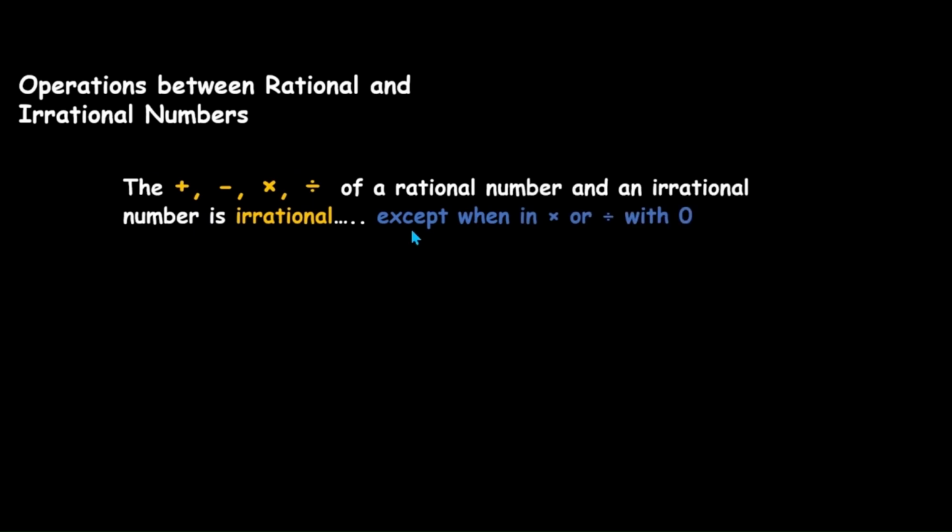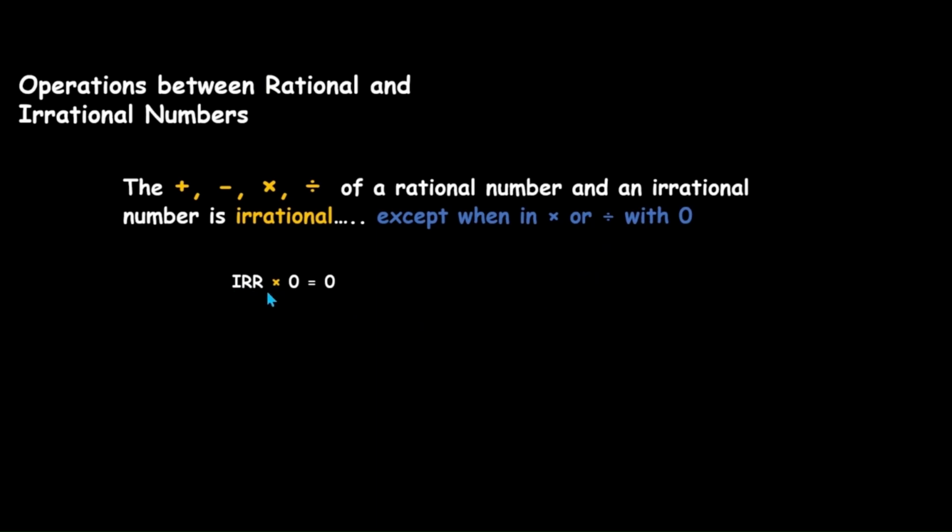A few important points on the operations between rational and irrational numbers from our 9th grade syllabus. The operations of addition, subtraction, multiplication, and division of a rational number and an irrational number are always irrational, except when the rational number involved is 0, and especially when it is in multiplication or division, it produces different results.